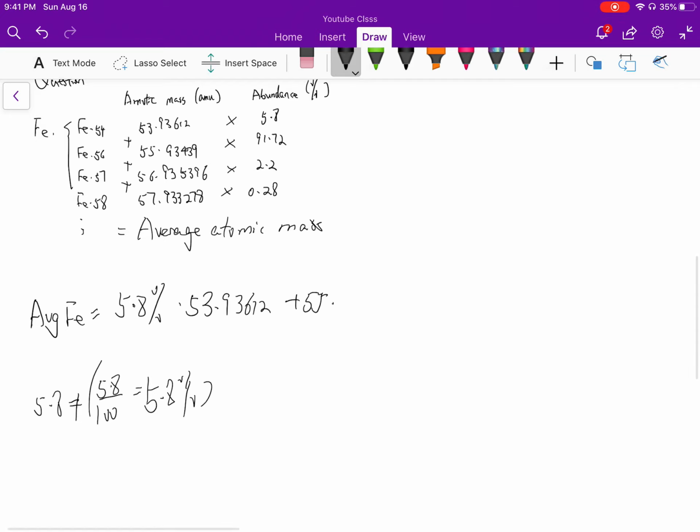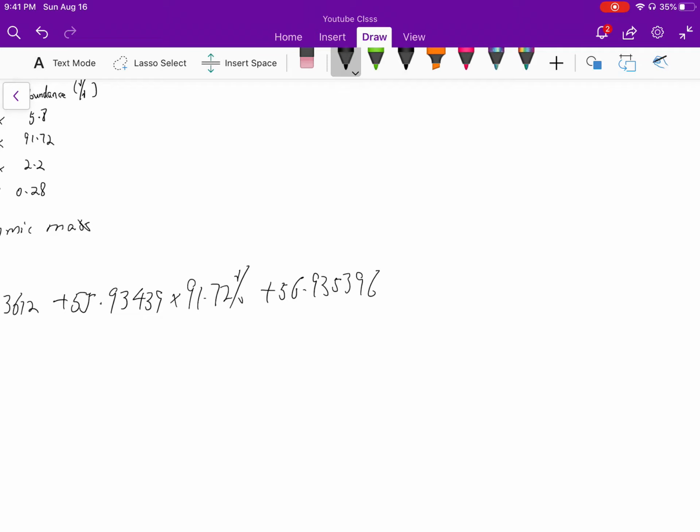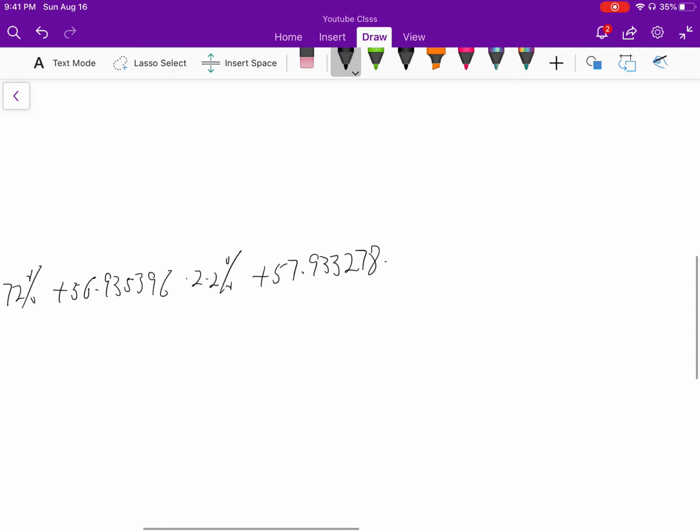Plus 55.93439 times 91.72%, plus 56.935396 times 2.2%, plus 57.933278 times 0.28%.